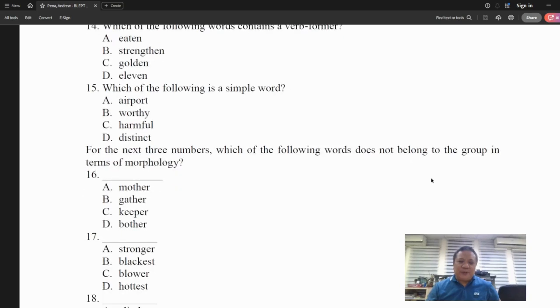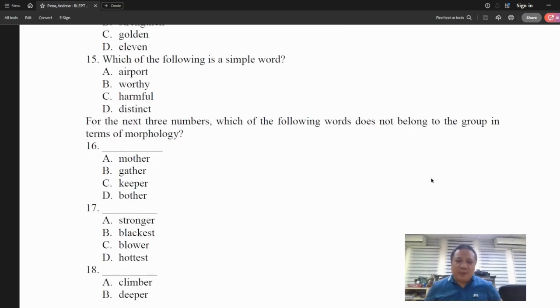15. Which of the following is a simple word? A simple word has only one root and it doesn't have derivational affixes. So A, airport, B, worthy, C, harmful, D, distinct. A, airport is a compound word. B, worthy is a complex word because you have worth and y. The y there is a derivational suffix.